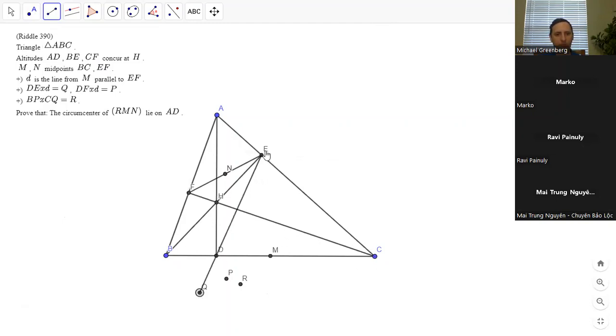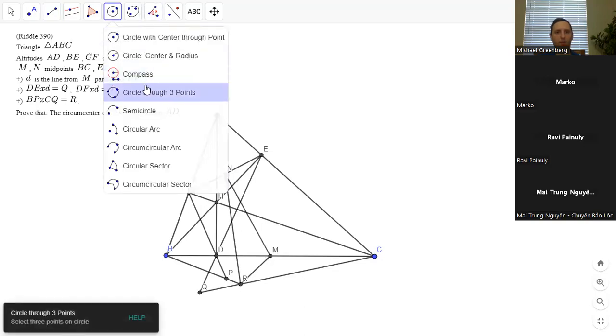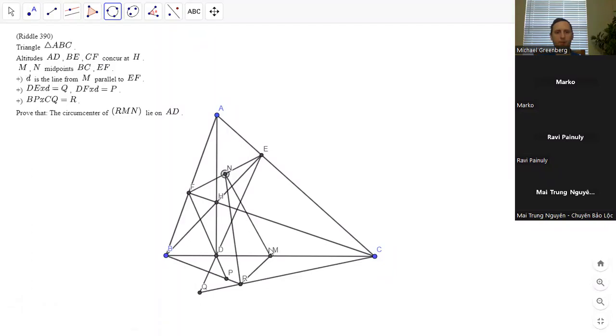DE, DF, and BP intersects CQ at R, and M is the midpoint. So we have RMN. We could draw the circumcircle of that, but it's saying that the circumcenter lies on AD. That's what we have to prove.